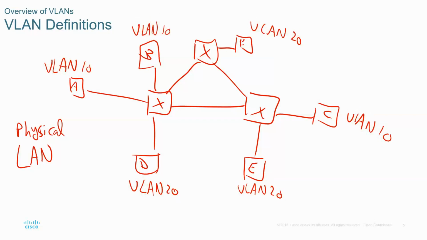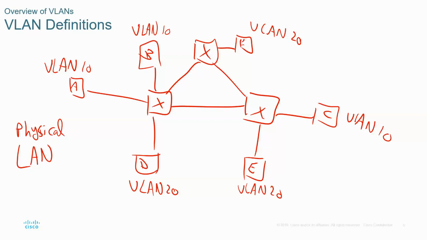This information is saved in the switches so that the switch now knows what every device is actually a member of. So if I want now to isolate the traffic of VLAN 10 from the traffic of VLAN 20, I will simply tell the switches, these devices are members of VLAN 10 and these devices are members of VLAN 20, and you're not supposed to forward traffic across VLANs.